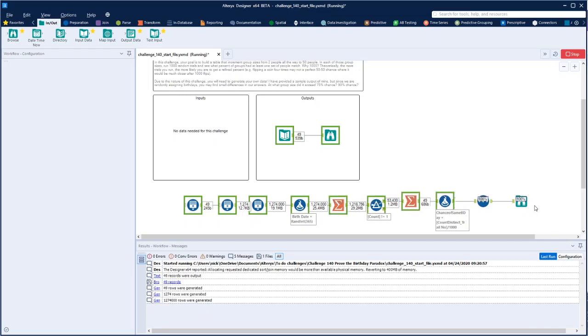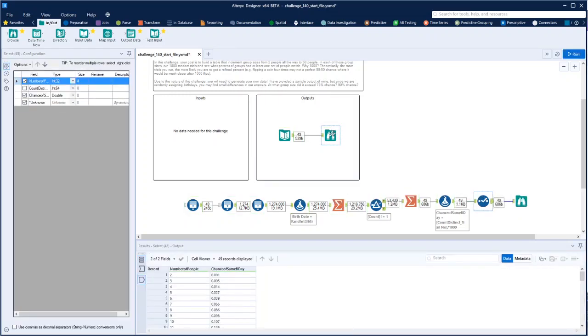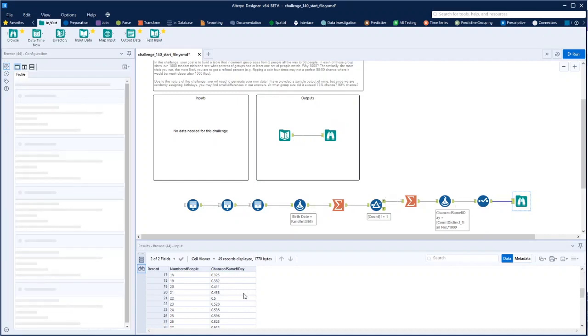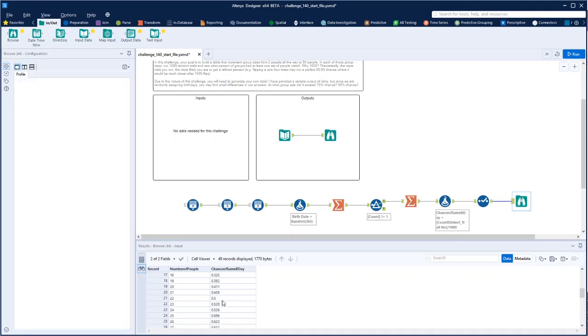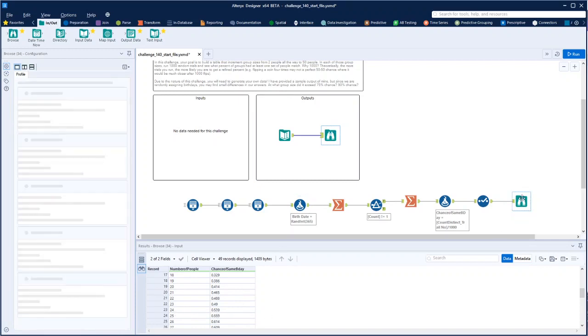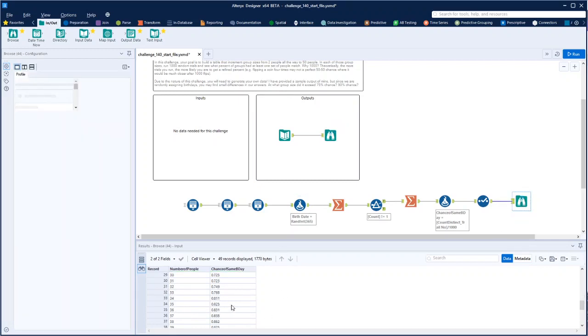But that will give us pretty close, I think, to this. Now 23 is over 50%, so 50.2 in here. Actually, it's just under, but it's 50, so it's pretty close. But anyway, that's it.